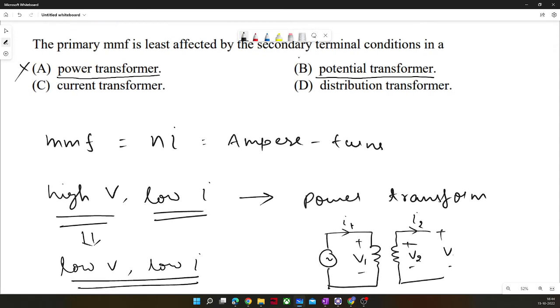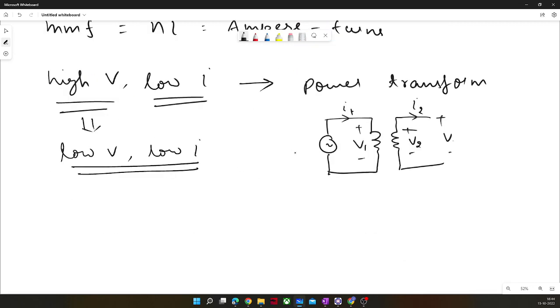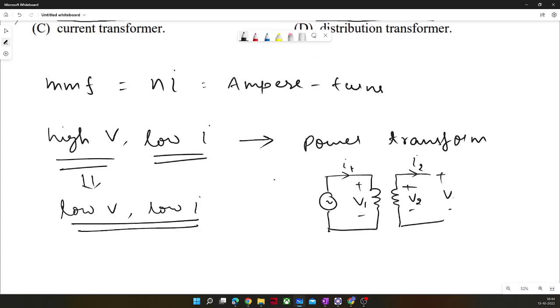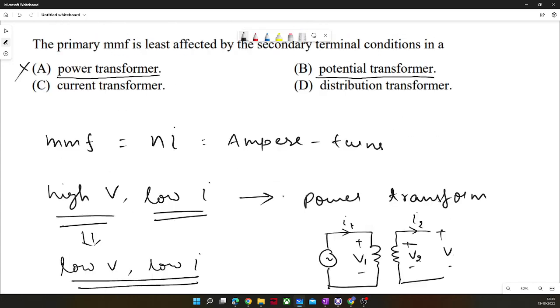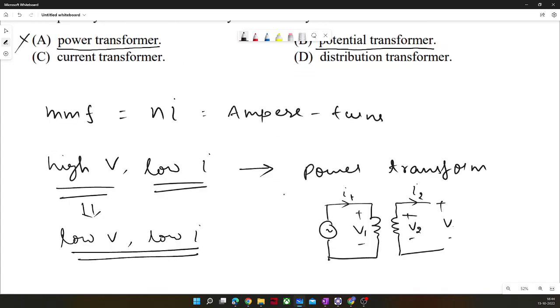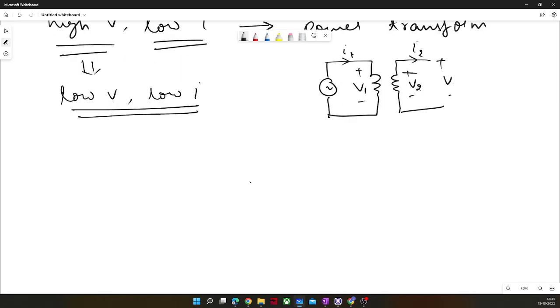So again, we will explore the potential transformer, and the potential transformer is generally used to measure voltage. We generally can't measure very high voltage, let's say 1 kV or 11 kV, because even if you can, it will take a much higher price of voltmeters to make it efficient.